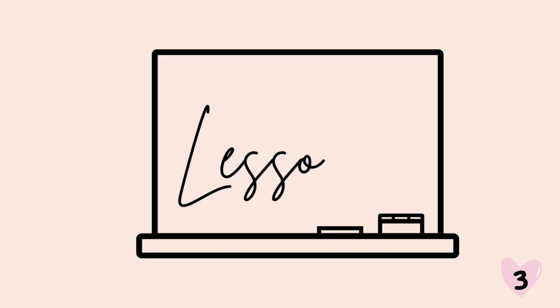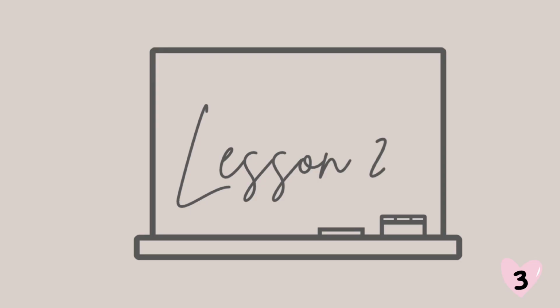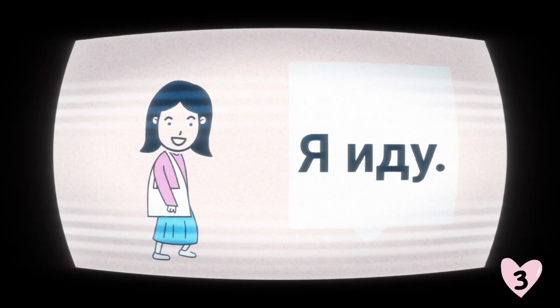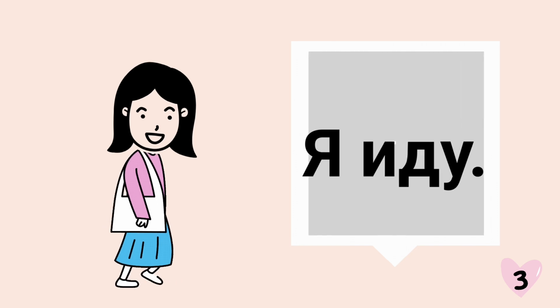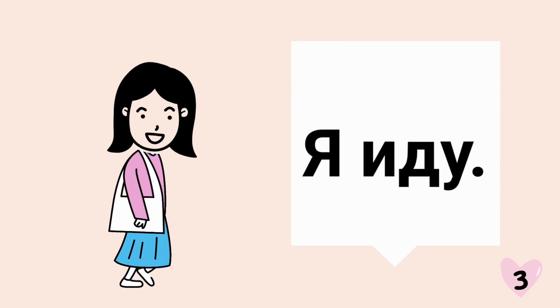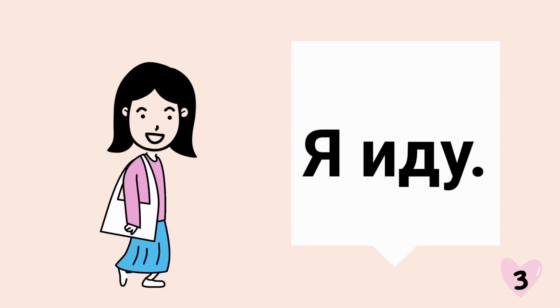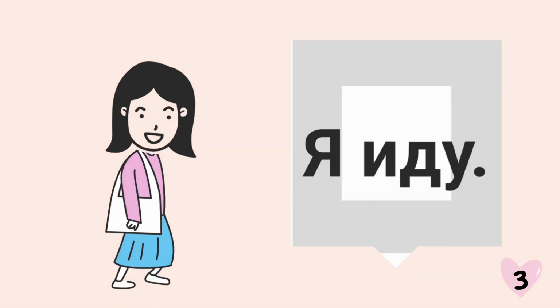Great! In lesson number 2, we learned that Я иду means I'm going on foot or I'm walking. But not only is this phrase used in this context, but also in others.